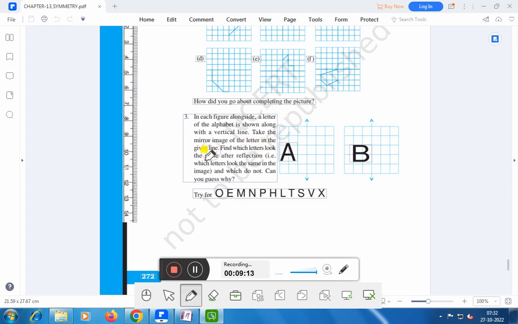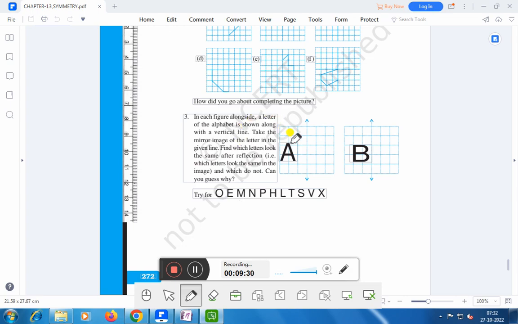Find which letters look the same after reflection, that is, which letters look the same in the image and which do not. Can you guess why? Try for this, right? In each of the letters shown in the figure with the vertical line, take the mirror image. You have to take the mirror image, right?